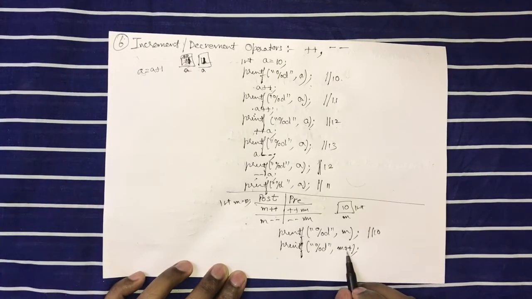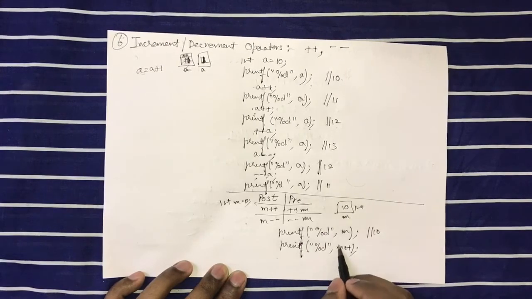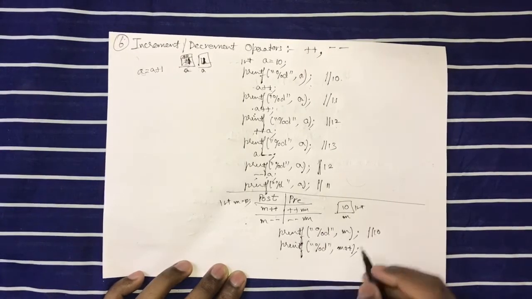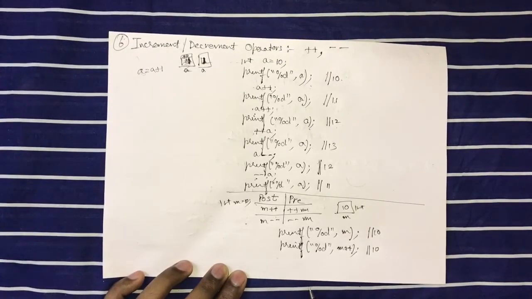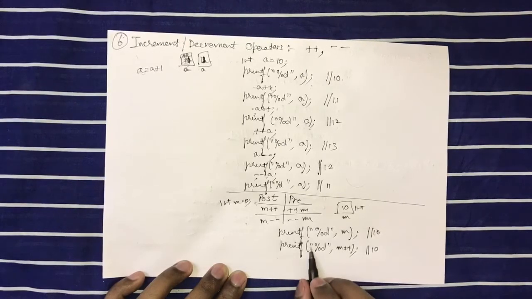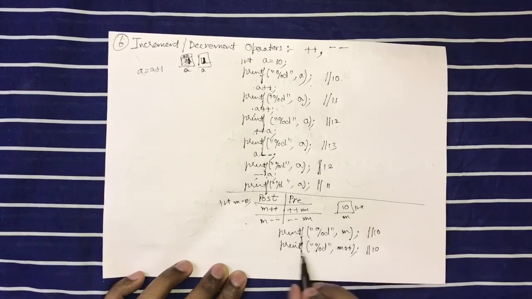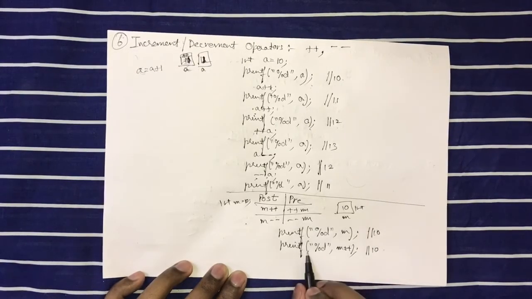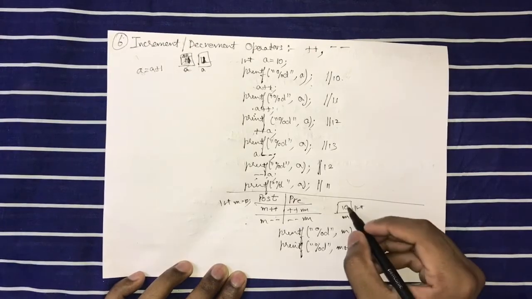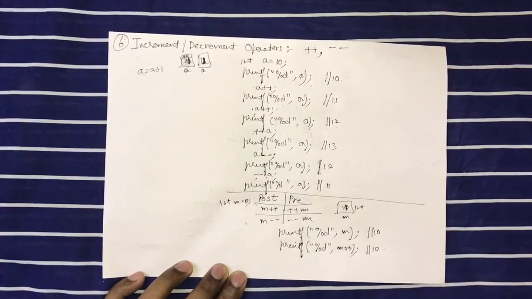So it transfers the m data to the printf, and on the screen 10 would be printed, not 11. You would be thinking that it should print 11, but no, it's post increment. It would first pass the value, then it would add the value. So first we see the value 10. After it passes the value and prints, the variable data would be changed to 11.